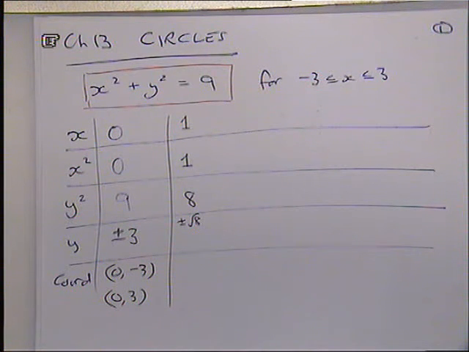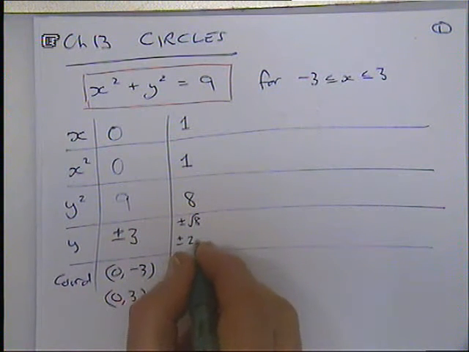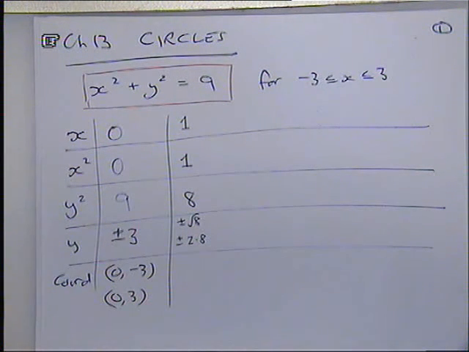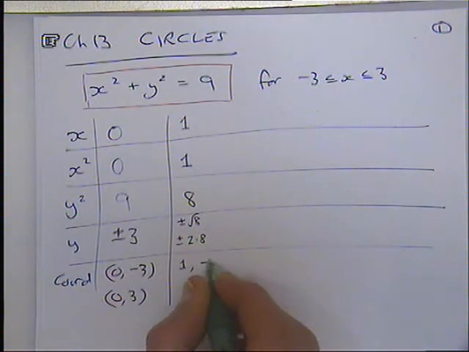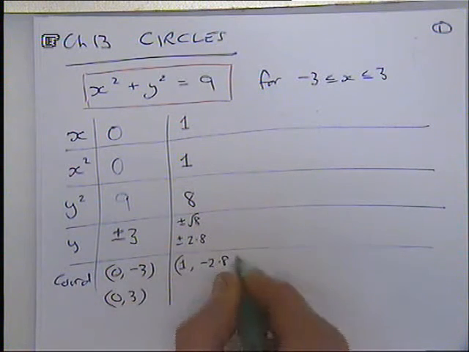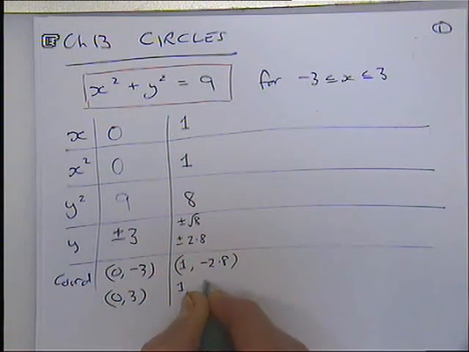You've all got calculators. You're allowed to press the buttons on the calculator. I don't expect you to do this in your head. Go on. 2.8. Okay, so we'll call this plus or minus 2.8, because if we're going to graph it, that would be far more useful. So here, the coordinates we've got is when x is 1, we can have a minus 2.8 for y, or when x is 1, we can have a positive 2.8 for y.